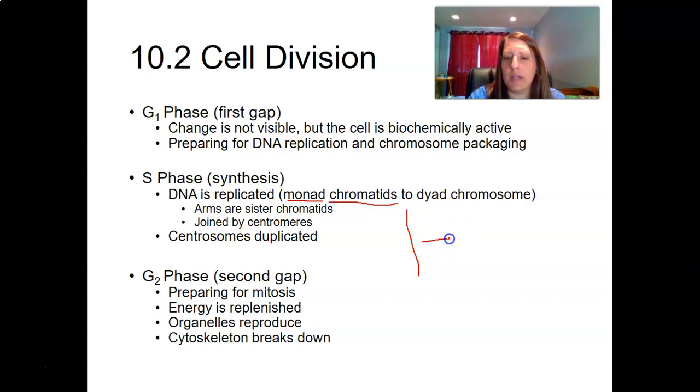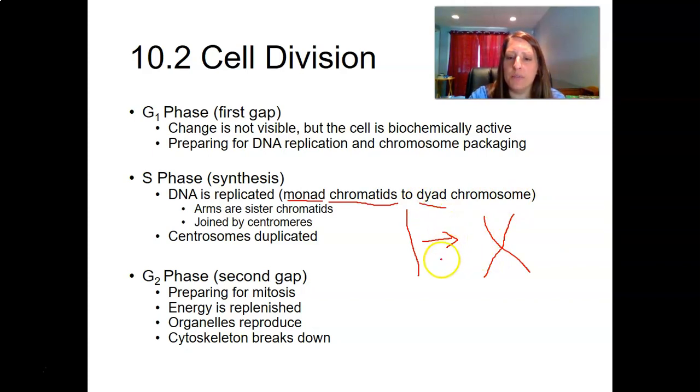Once this gets replicated, this is what it looks like. There's one copy, that's that one arm, and here is its copy. So we go from a monad, shown here, to a dyad chromosome, shown here. Di meaning two arms.